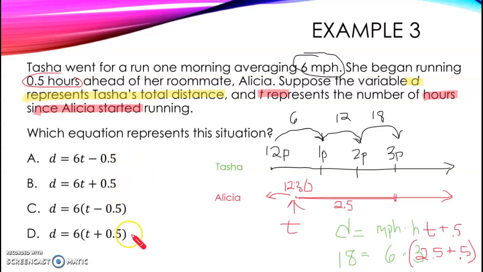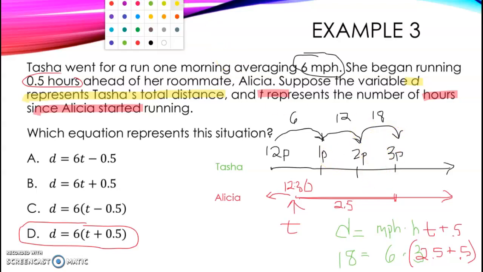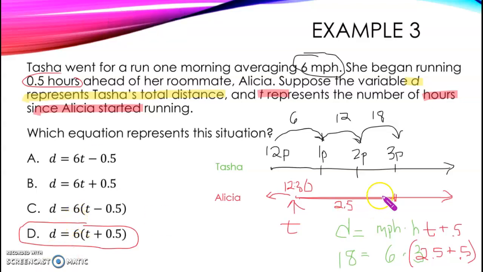And so looking at these options here, that's actually going to work with option D. We can do some plugging in to make sure that works. They didn't give us these numbers, but we can use them to double check. So let's say the distance that Tasha ran is 18. Again, she's going 6 miles per hour.